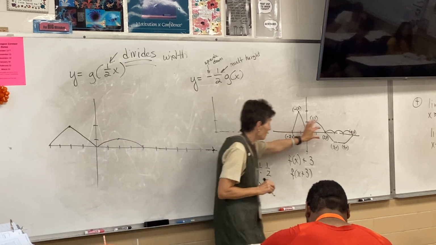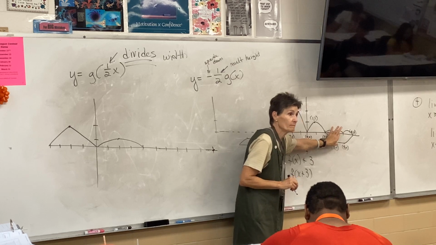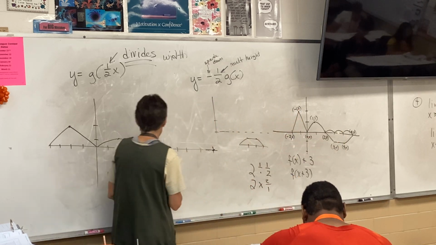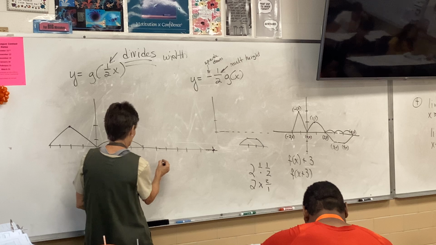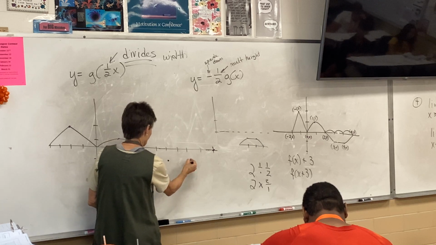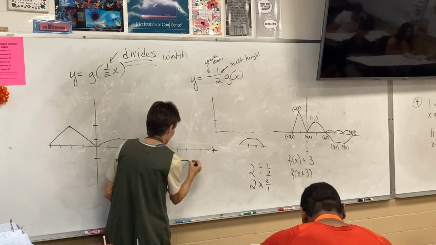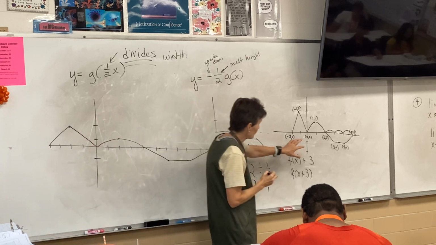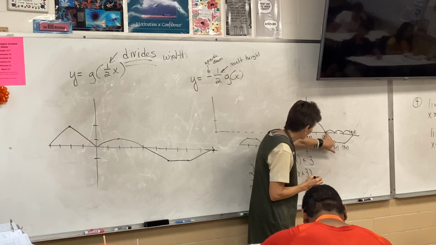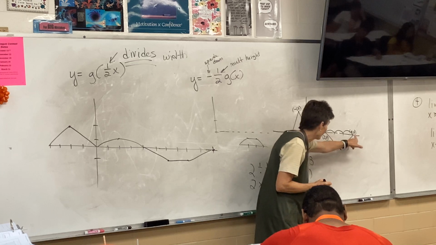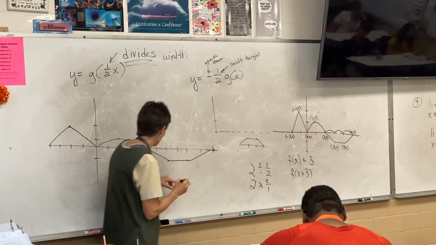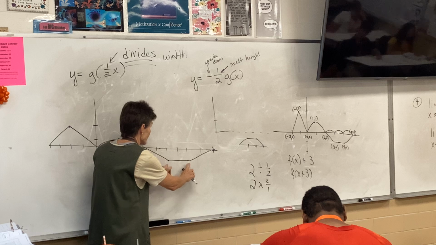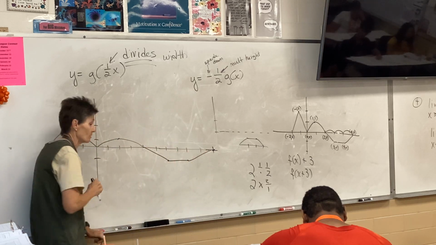How tall is it? 1. So each step of the trapezoid was 1 before. Now they're all 2. So this is 2 steps, 2 steps, 2 steps. And there's a picture of it.